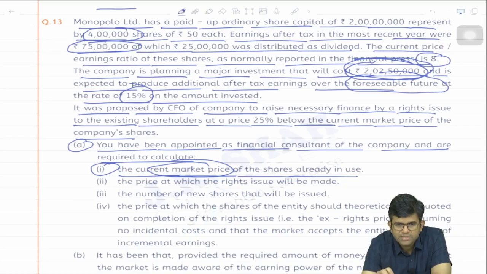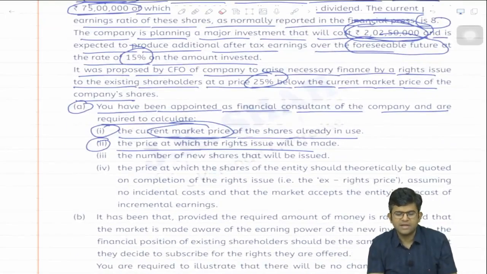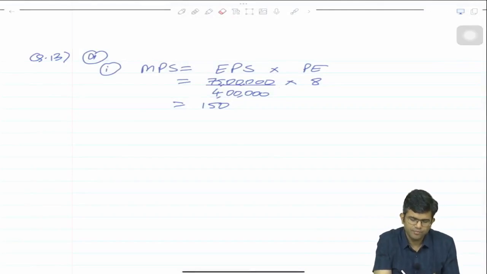So students, that means the rights issue price will be 150 rupees, the current market price you have right now received in your notebooks, minus 25%. Everybody clear? 150 minus 25% is the answer to point number 2. They are asking you what is the price at which the rights issue will be made. Everybody clear now? 150 minus 25%. So write down point number 2.